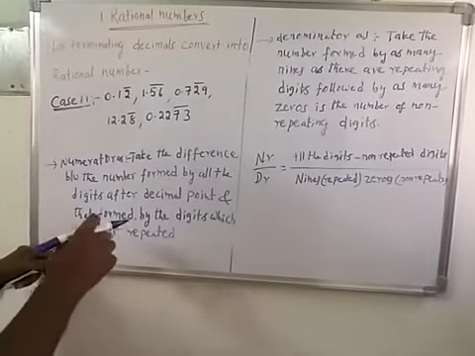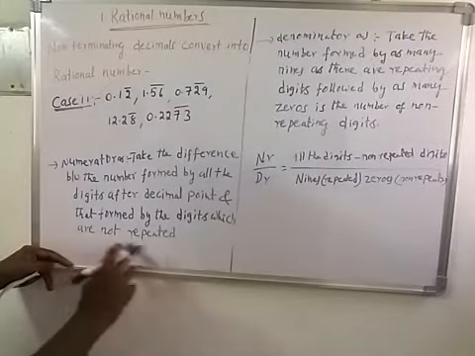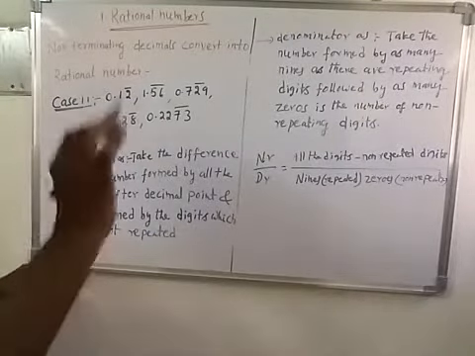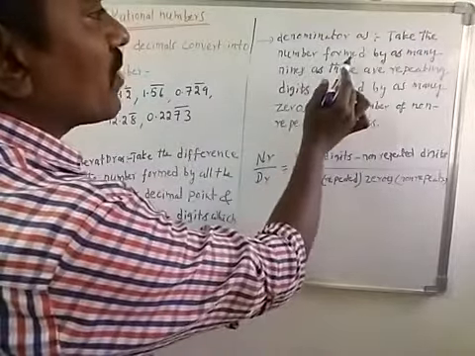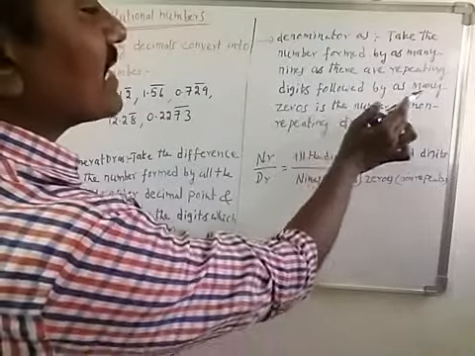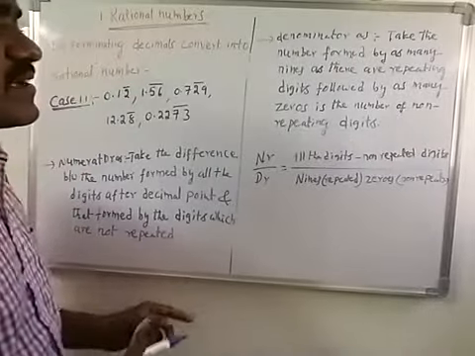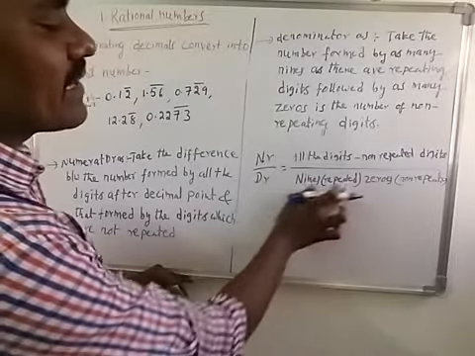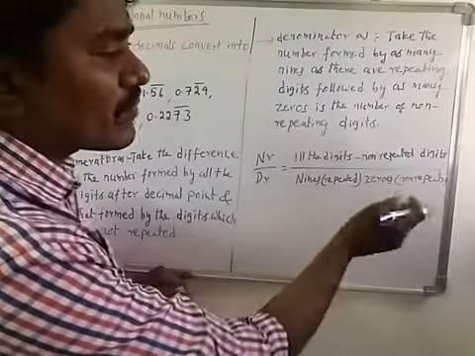That is, we write all the digits minus the non-repeated digits in the numerator. For the denominator, take as many nines as there are repeating digits, followed by as many zeros as the number of non-repeating digits after the point.